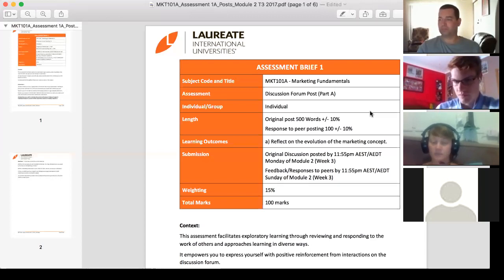Then the evolution of marketing, where there are 5 stages in terms of marketing concepts, so please have a look at that. The second part of Module 1 is environmental forces, which includes the micro and macro environment. That's basically the content of Module 1 in a nutshell.